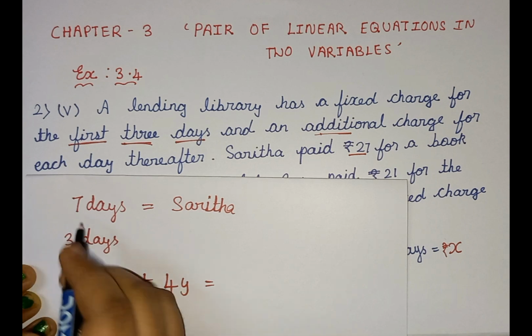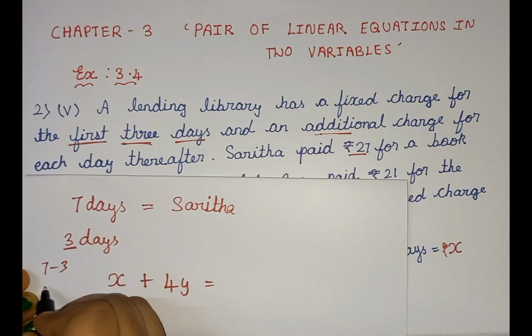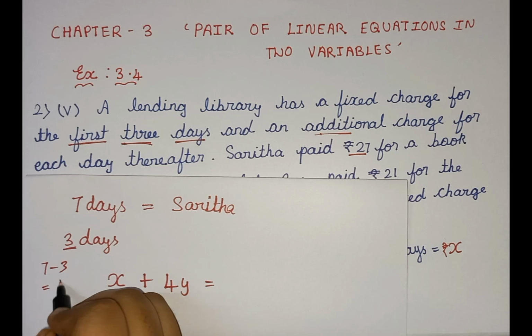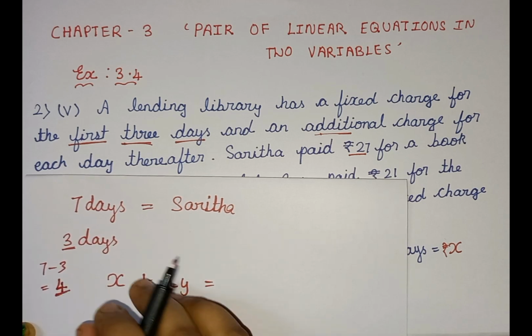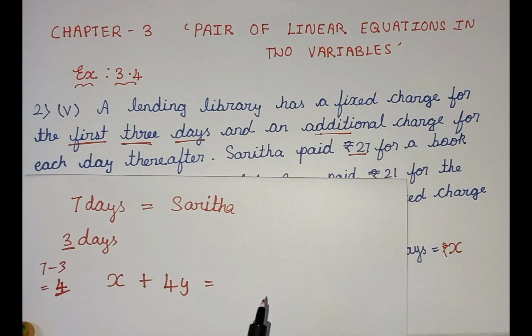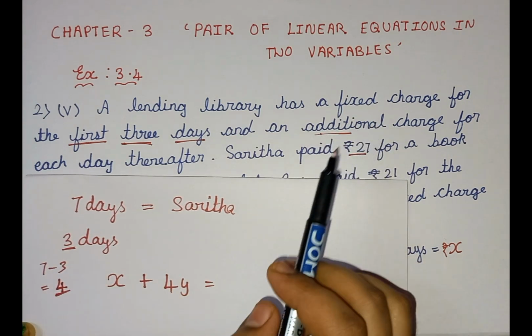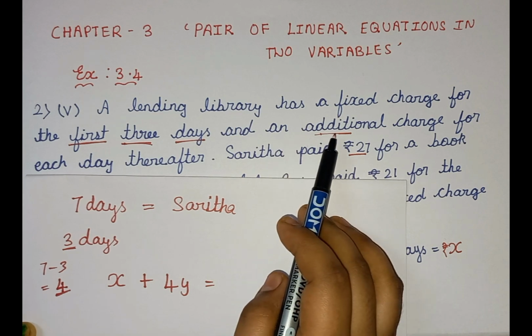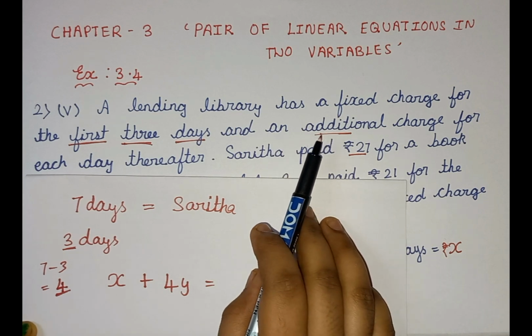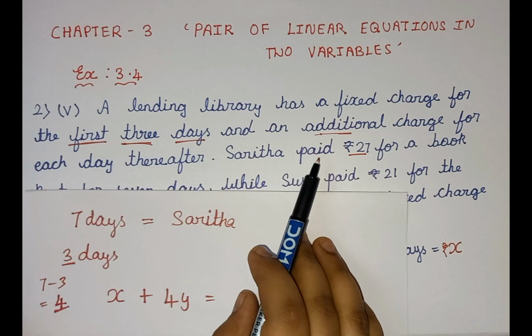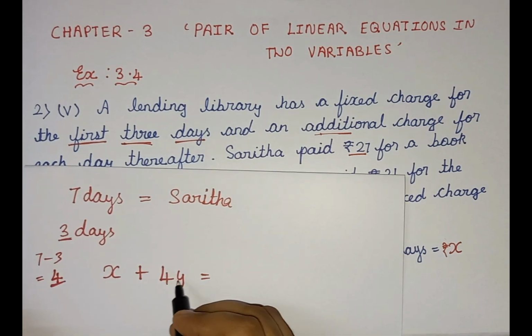When we subtract 7 minus 3, we get 4, isn't it? What is the meaning of this 4? That means for 4 days she is supposed to pay additional charge. Why? Because only for 3 days we have the fixed charge, right? So for the rest of the days she should pay additional charge, isn't it? So that's why I wrote 4Y.